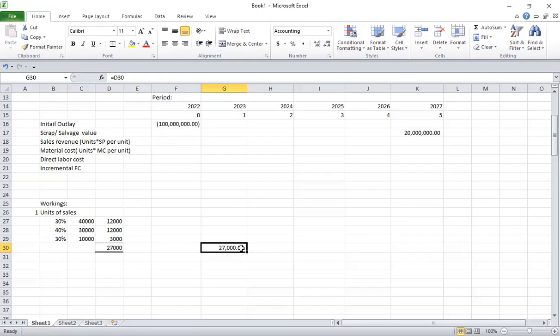How do we compute the demands for year 2 to year number 5?